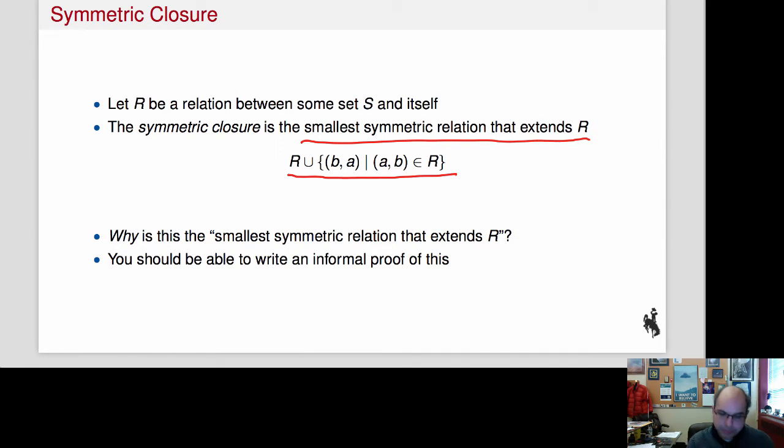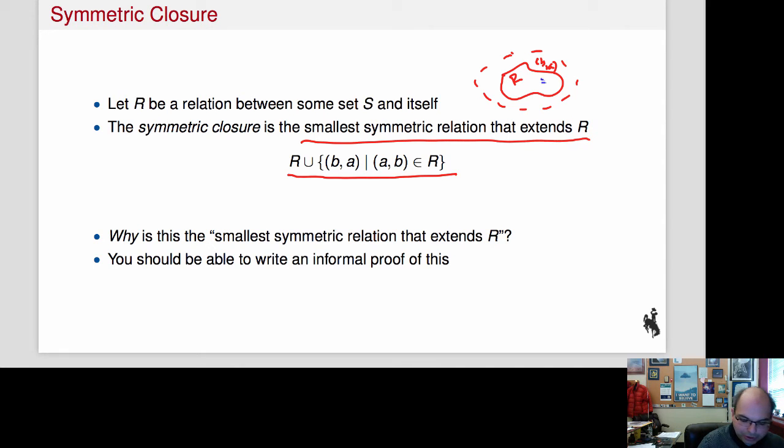Well, I think you should be able to do this answer by yourself at this point, so I'm going to ask you to. Basic hint: try the same kind of argument that we had before. So we start with our relation R. Then we're going to add to this all of the (B, A) pairs.